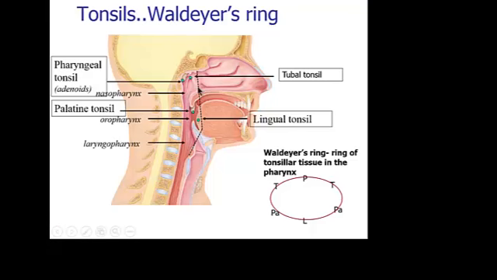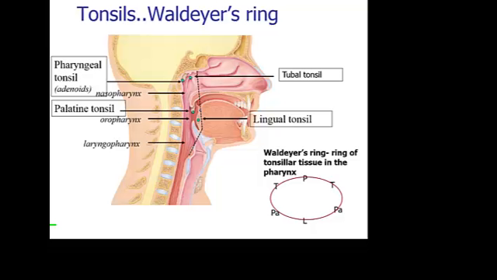Just behind the nasal cavity, this area here, which is part of the pharynx, is known as nasopharynx because it's behind the nasal cavity. Behind the oral cavity, it's well defined. When you stick your tongue out, you will see two pillars coming down.